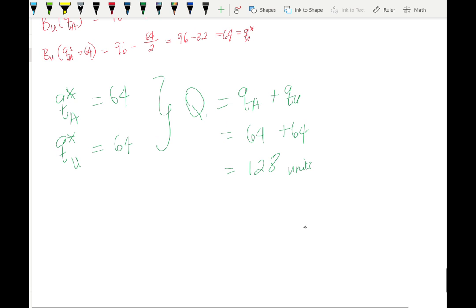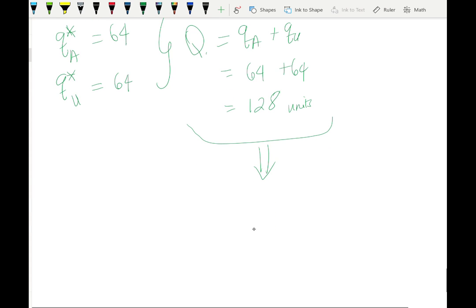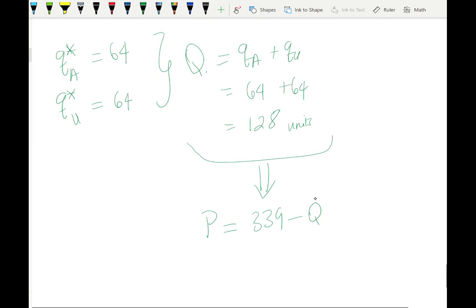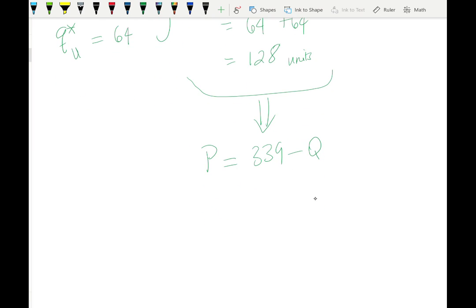And with that, we can figure out price. Remember, price is equal to 339 minus Q. We got that from the demand function. So this would be 339 minus 128, which is equal to $211.